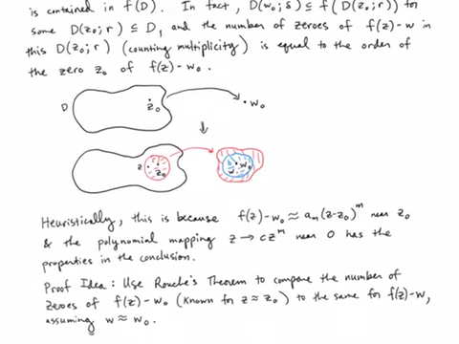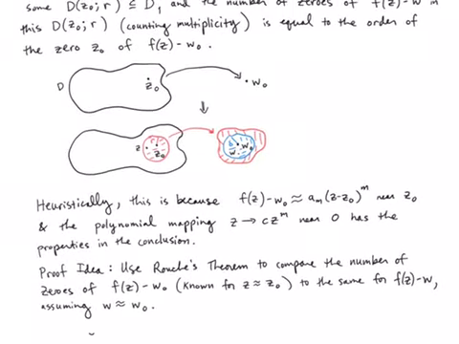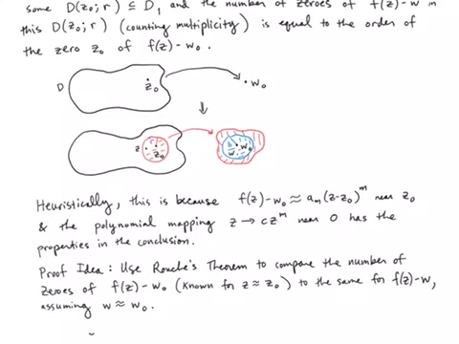And we discussed heuristically that the reason you expect this is because f of z minus w naught, if you expand in a power series and throw away the higher order terms because z is close to z naught, is basically just the simple polynomial a sub m times z minus z naught to the m. So it's approximated by the leading term of the power series.